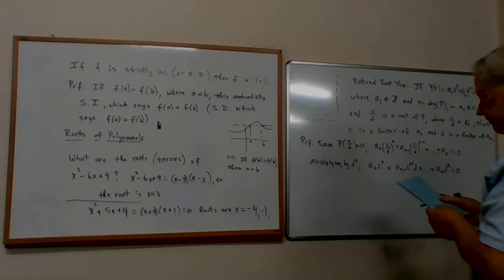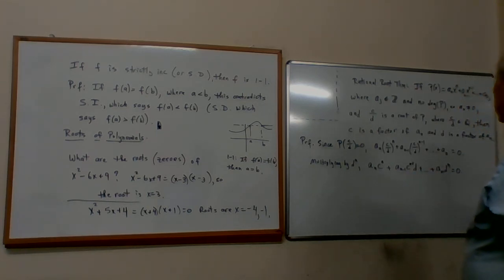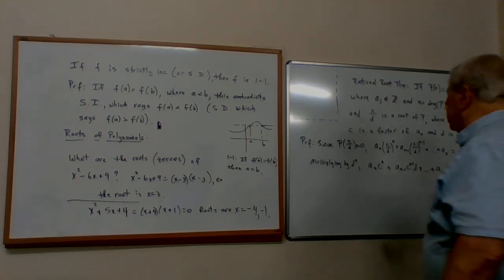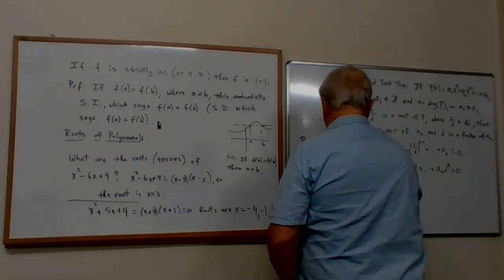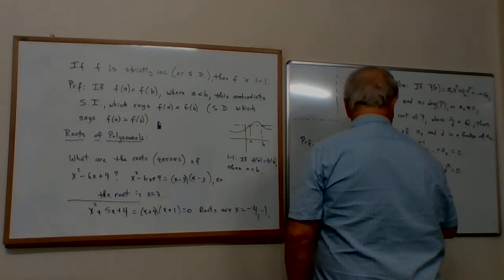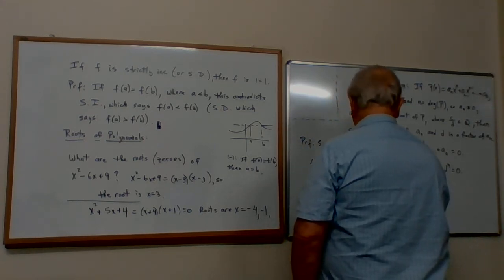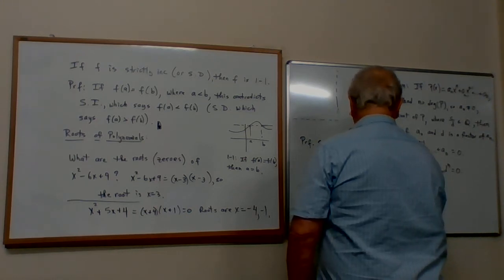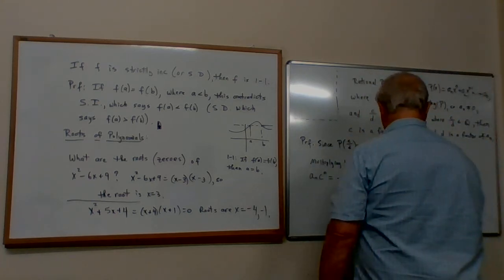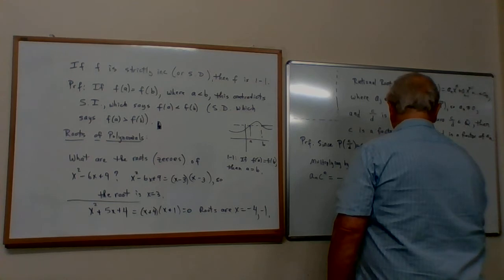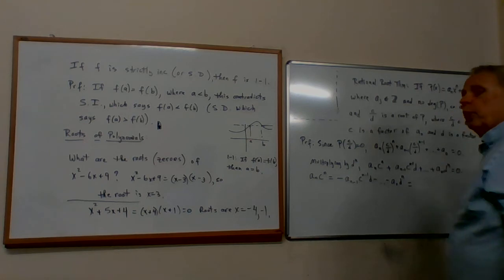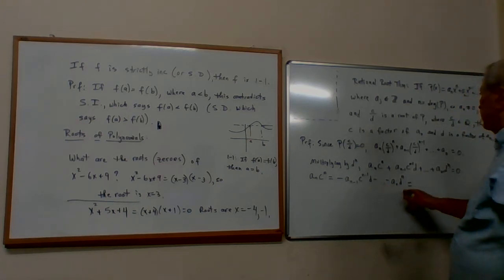Now here's what we're going to do. Let's isolate the first term and move all the other stuff to the other side. So a sub n c to the n equals minus a sub n minus 1 c to the n minus 1 d, and so on, but all of these now have minus signs, minus a0 d to the n, out of which I can factor a d because it appears everywhere.